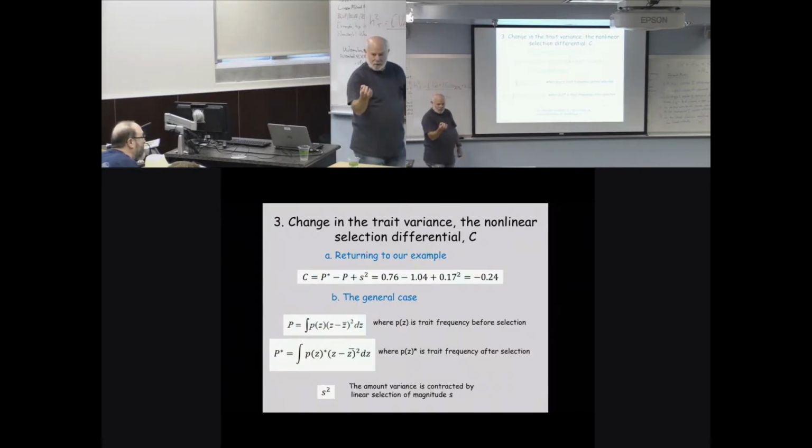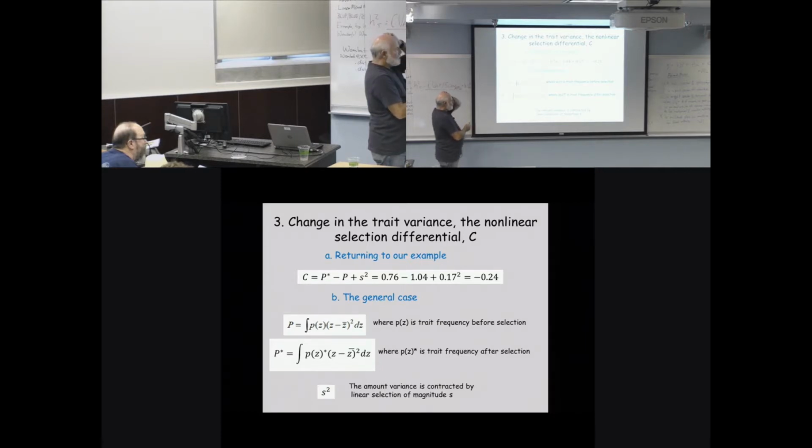Similar arguments apply to the contrast in variances before and after selection. So think of a new measure of selection, let's call it C. It's the difference between the variance after selection and the variance before selection.